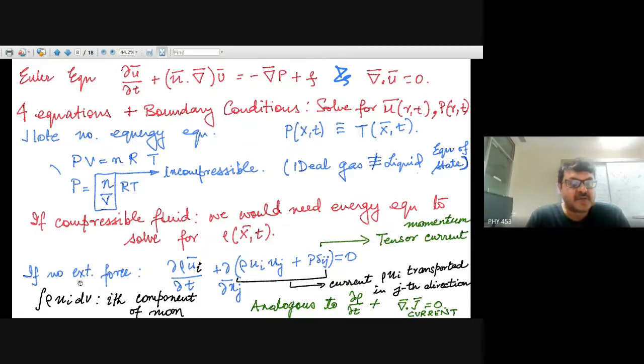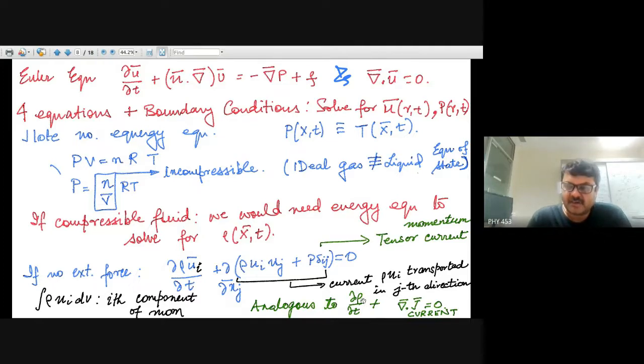Now, if there was no external force, this F term, then of course you can write the Euler equation as rho times the derivative with respect to t of u_i plus the derivative with respect to x_j of rho u_i u_j plus p delta_ij equal to 0. I have intentionally written it like this, where you have this divergence term, right? And you are looking at the flow of the ith component in the jth direction.